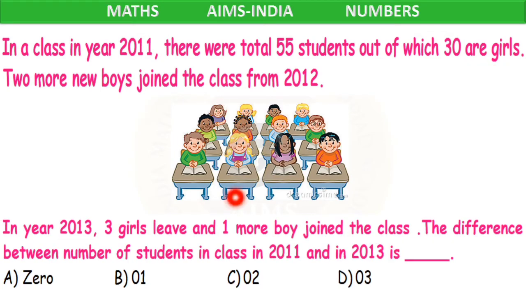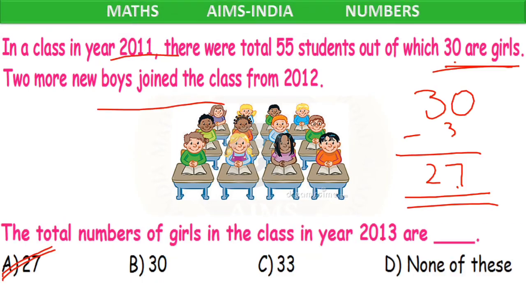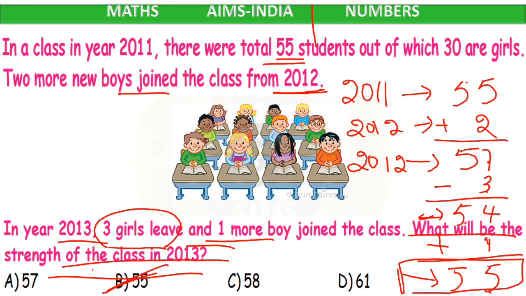Clear children? Next. In year 2013, 3 girls left and 1 more boy joined the class. The difference between the number of students in the class in 2011 and in 2013 is dash. See children, in 2011 there are how many students? 55. Yes or no? In 2013 how many students are there? We found out.